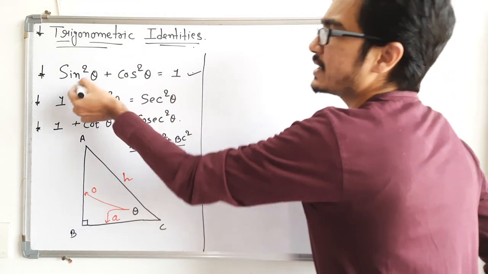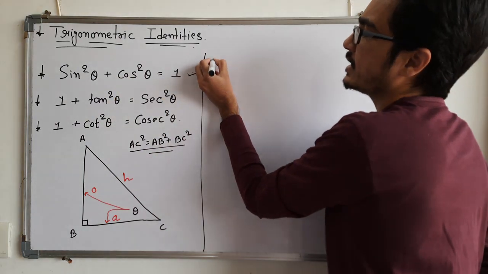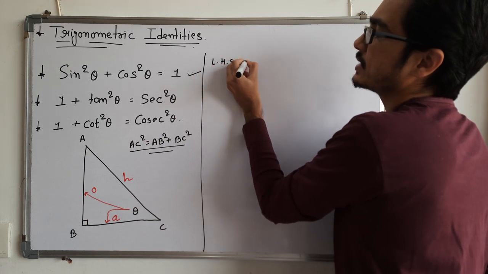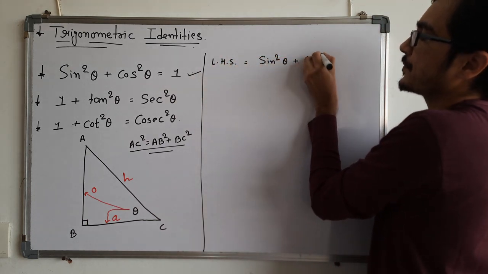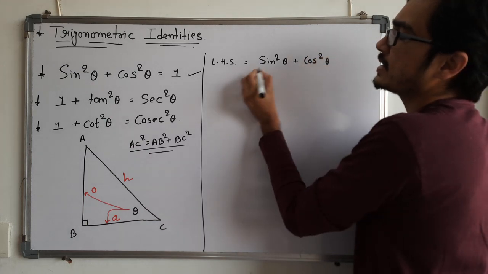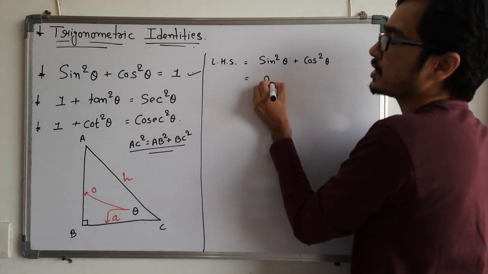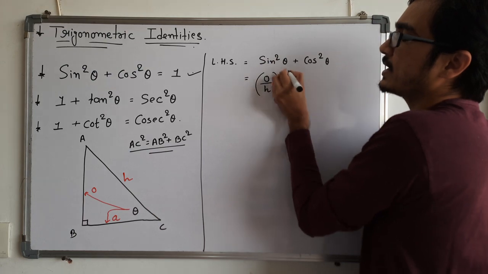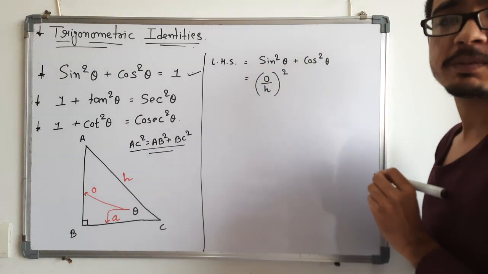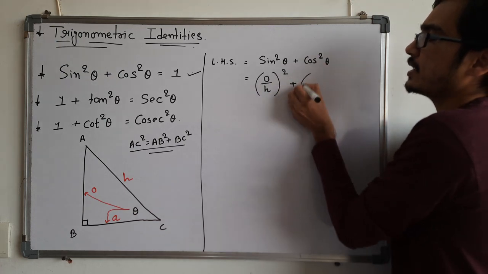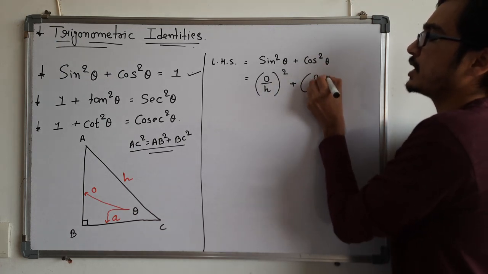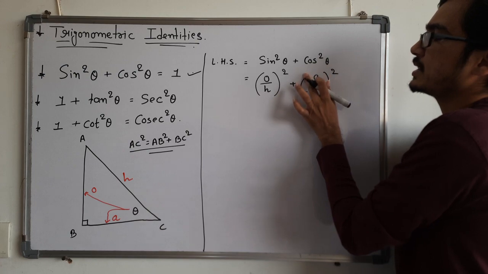Now let us take the LHS of the identity, that is sine square theta plus cos square theta. We know sine is opposite upon hypotenuse, but here sine square is there, so we consider (opposite upon hypotenuse) square. Plus cos theta is adjacent upon hypotenuse, so we consider its square.